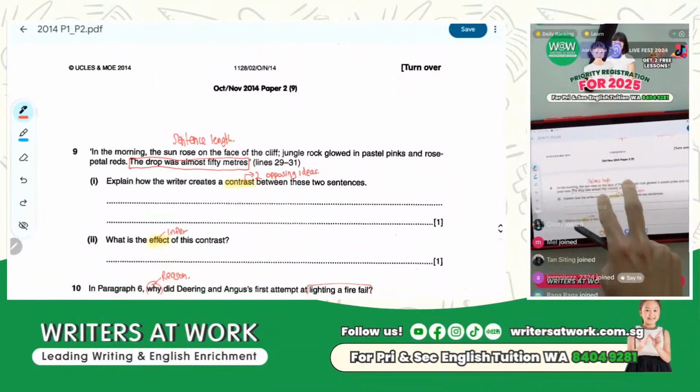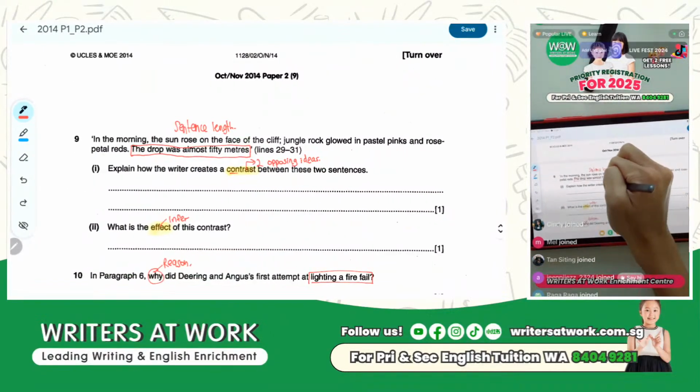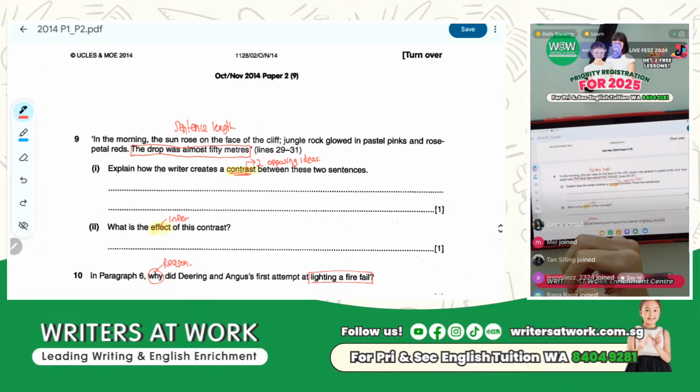Question 9 now. We are looking at how he creates that contrast. The contrast here is the sentence length. And it's not only the length but also the tone.